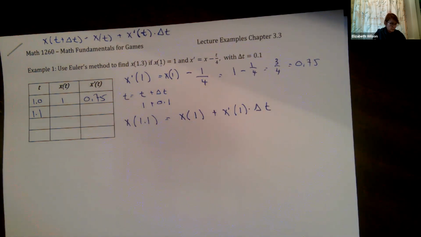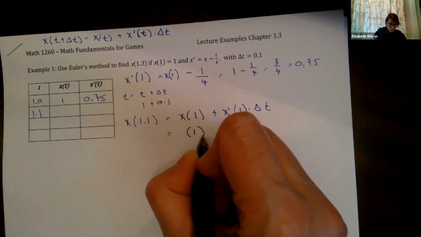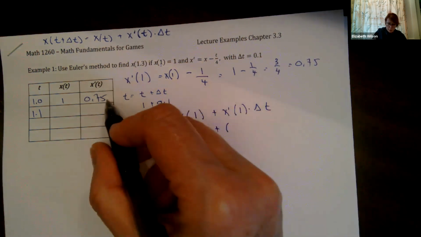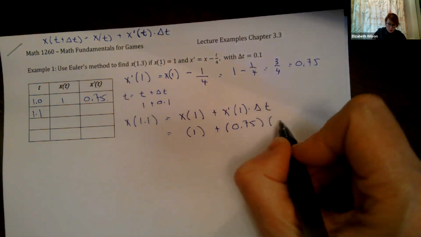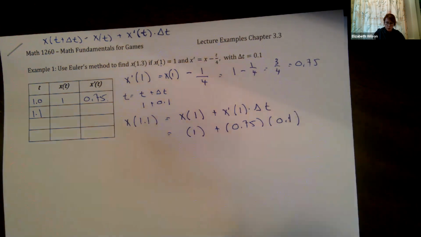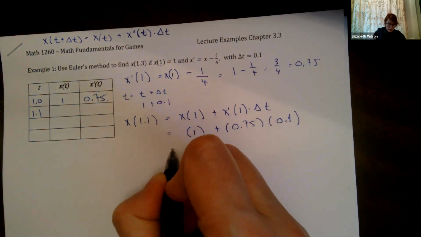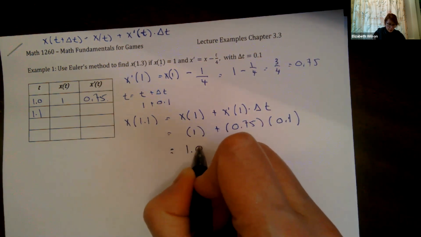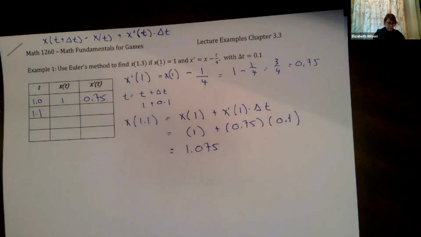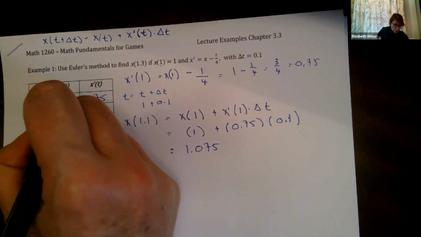Okay, so we're going to fill in the blanks. So that's equal to 1 plus my x prime, 0.75, times my delta t, 0.1. So that gives me x of 1.1 equal to 1.075. Okay, and that goes right here, 1.075.